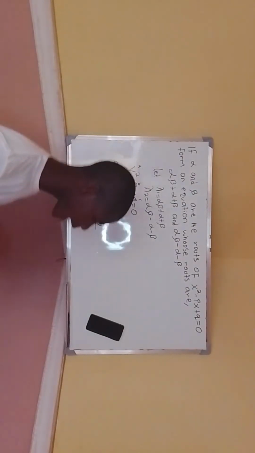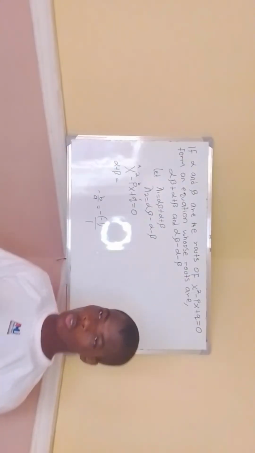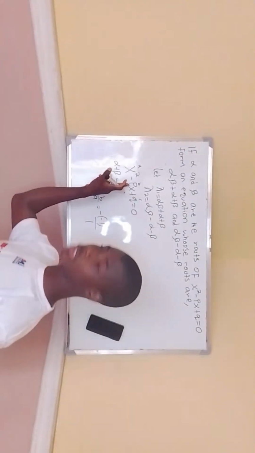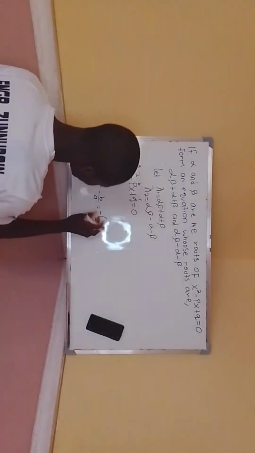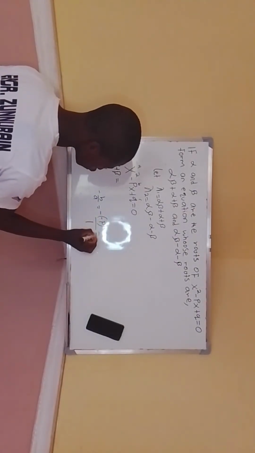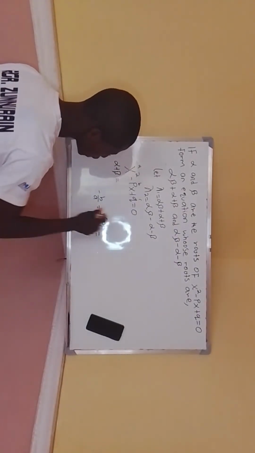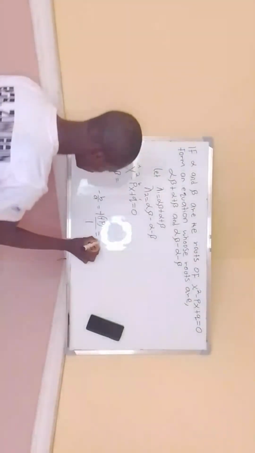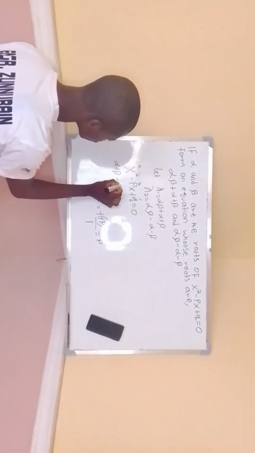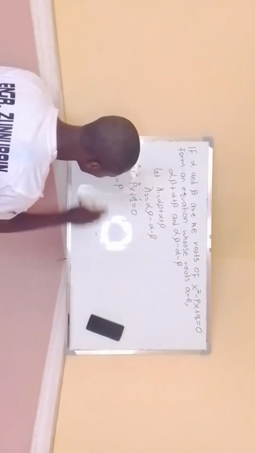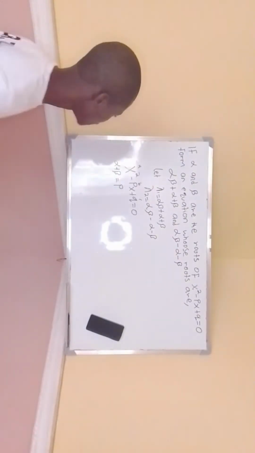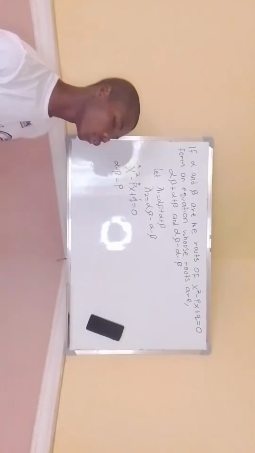For the value of b, I take the coefficient of x, which is p, so I put negative p. This gives positive p divided by 1, which is p. So the sum of the roots is p. What of the product of the roots?